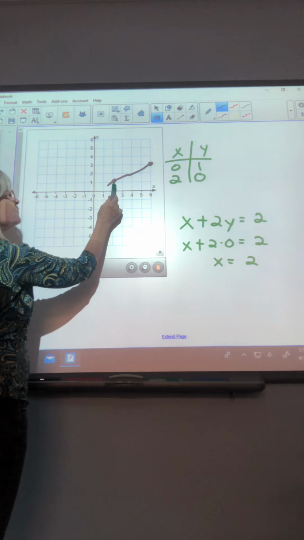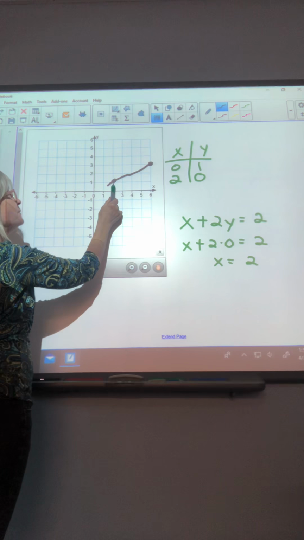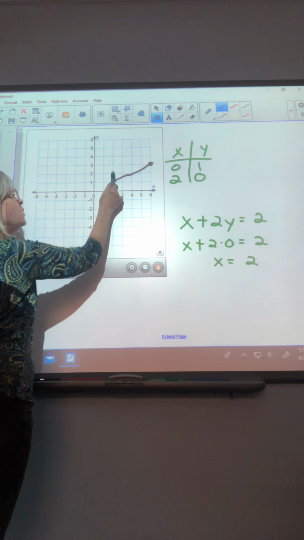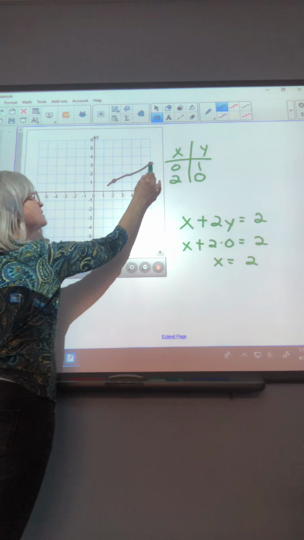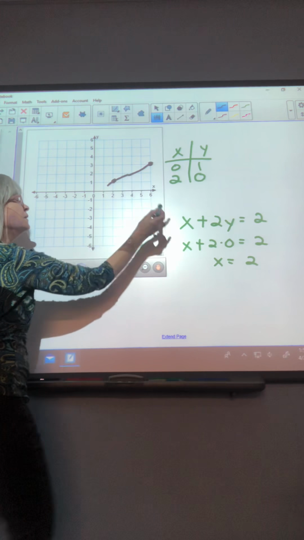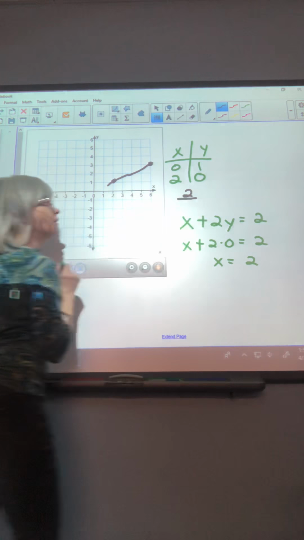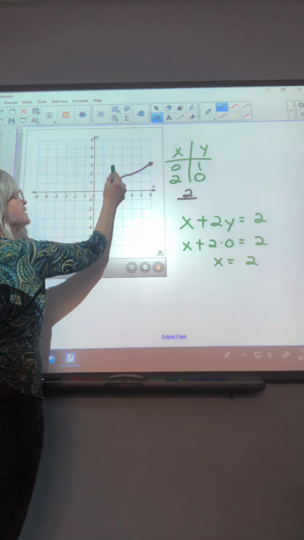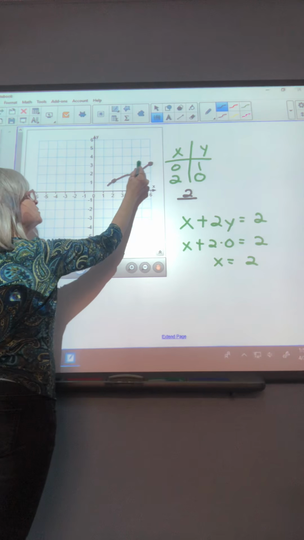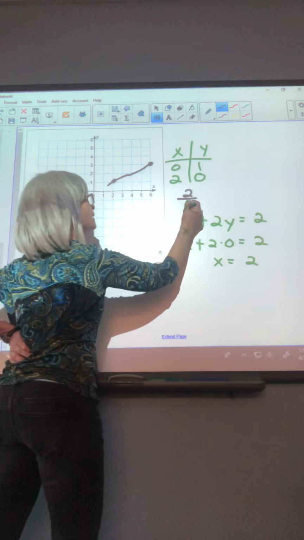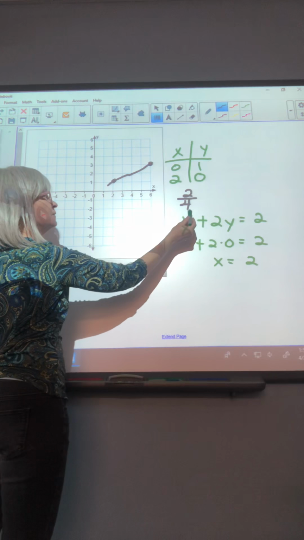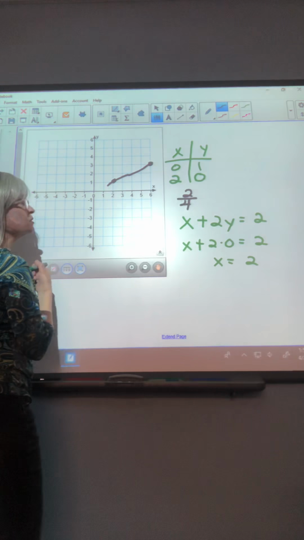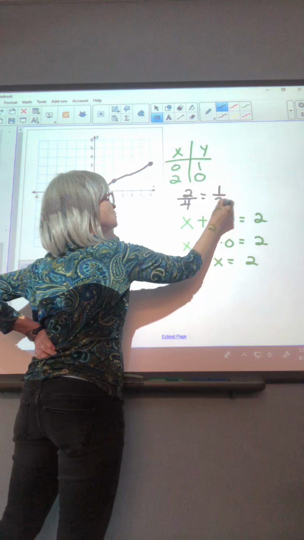We're going to start from this point and see how much it rises. So it rises 1, 2. And then we're going to see what the run is. The run is the horizontal distance. So it rises 2, so that's going to be the first part of our slope. And then we're going to go 1, 2, 3, 4. So 4 would be the horizontal distance or the run. Rising 2, running 4. So our slope is 2 over 4, which could be reduced to 1/2.